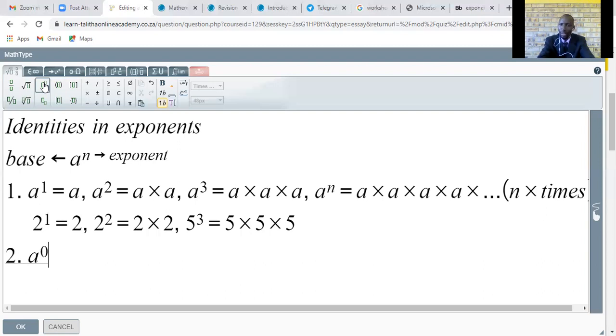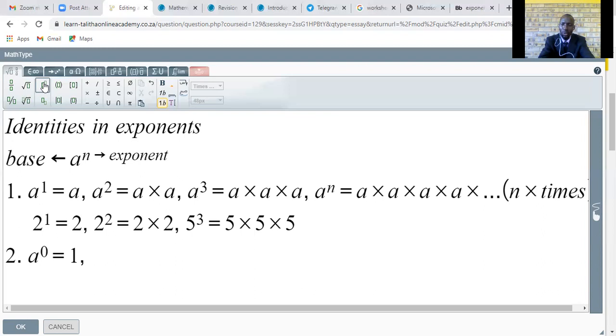Well, this then means the letter A must be multiplied by itself 0 times. Turns out that any number or any letter raised to the power of 0 is 1.